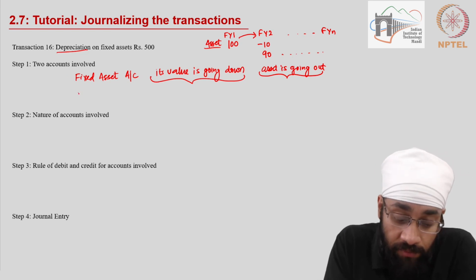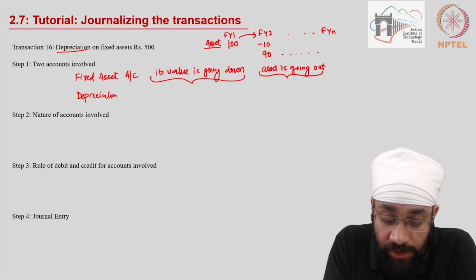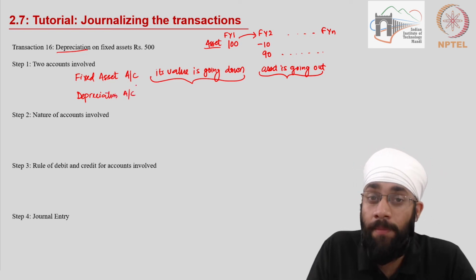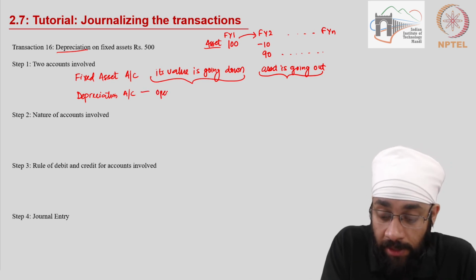The other account involved is depreciation. Depreciation is regarded as an expense. It's an operating expense of the business. Let me clarify that as well.